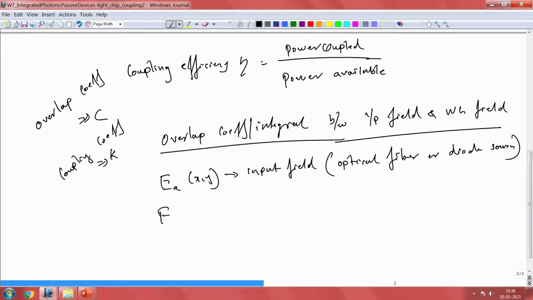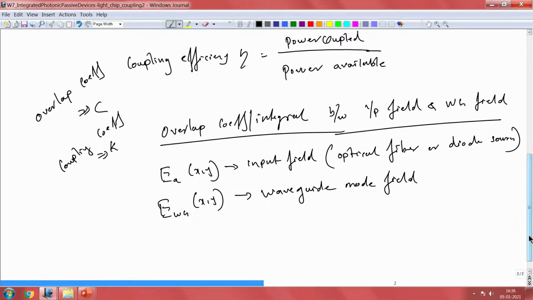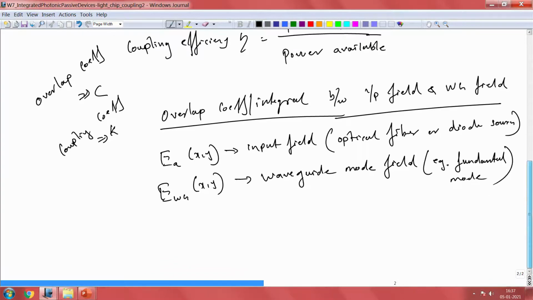And then we have our waveguide, so the field of the waveguide. So, this is the waveguide mode field. Let us say this is our fundamental mode. In that case this could be approximated to a Gaussian.